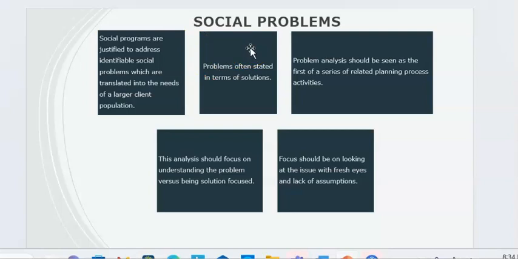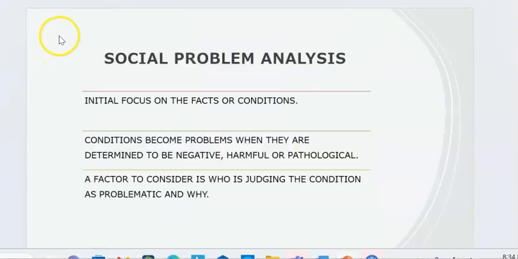Problems often are stated in terms of solutions. Problem analysis should be seen as the first of a series of related planning process activities. This analysis should focus on understanding the problem versus, again, being solution focused. And focus should be on looking at the issue with fresh eyes and having a lack of assumptions.